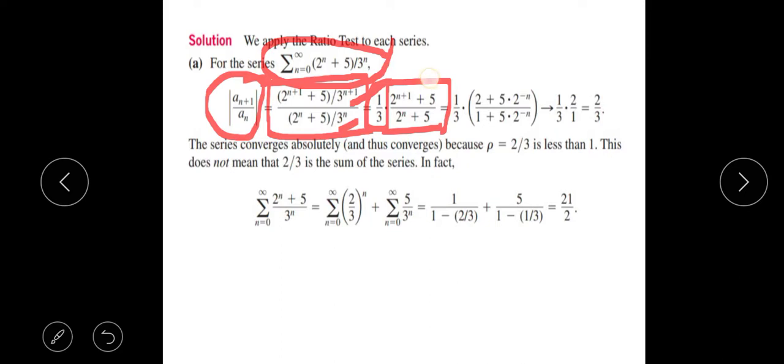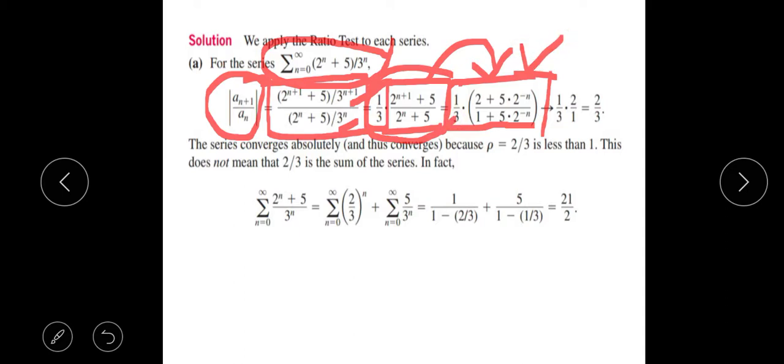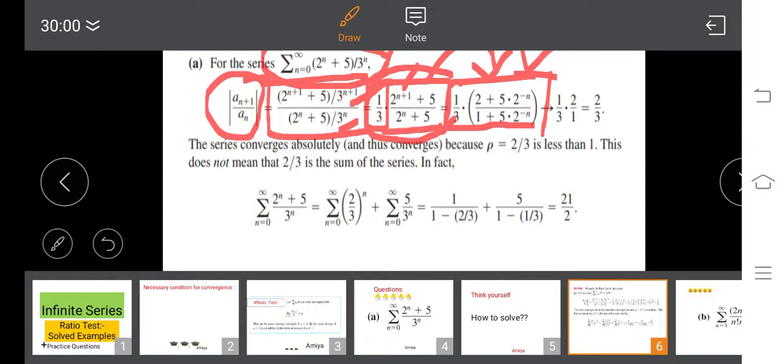Now after further simplification you will get this expression. So if you divide this by 2 raised to n, you will get this. See here it is 2 raised to n plus 1 and here it is 2 raised to n.